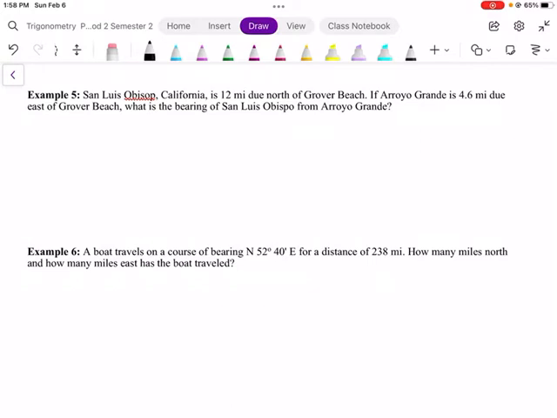So to start, we're going to draw a picture. We know San Luis is 12 miles due north of Grover Beach, so I'm going to put a point here. That's going to be Grover Beach, and San Luis is going to be up here. And we know the distance between those 2 points is 12 miles.